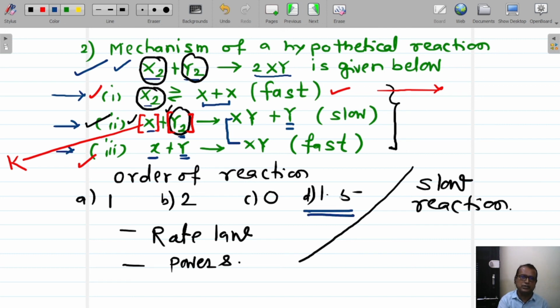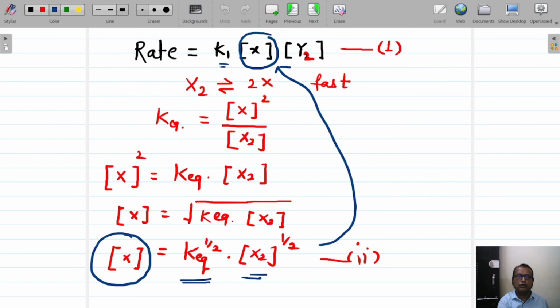These are the stages. The problem is this: for the main reaction, we can't write the rate law directly. We must write the rate law for the slow reaction first. Then put the value of the equilibrium constant. This is an equilibrium form. K equilibrium is equal to concentration of X squared, so X is root of this.